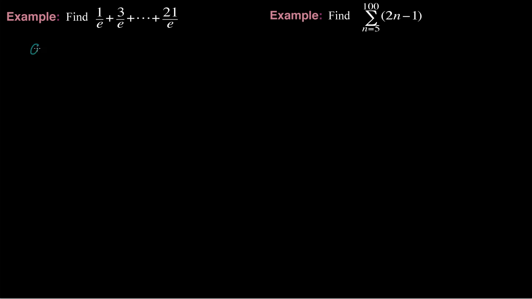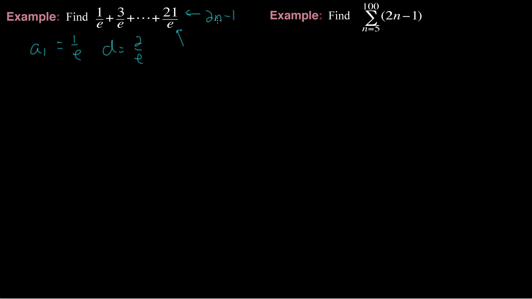I have a first term of a1 equal 1 over e. I have a common difference of 2 over e, because it looks like 3 over e minus 1 over e is 2 over e, and I'm asked to sum until I hit 21 over e. Well, I don't know which term this is, but there is a formula that says if you want every odd term, the formula for the numerator is 2n minus 1.